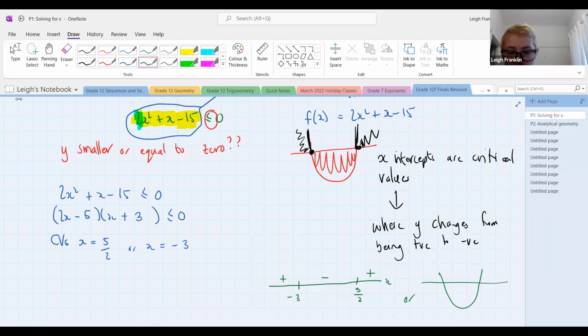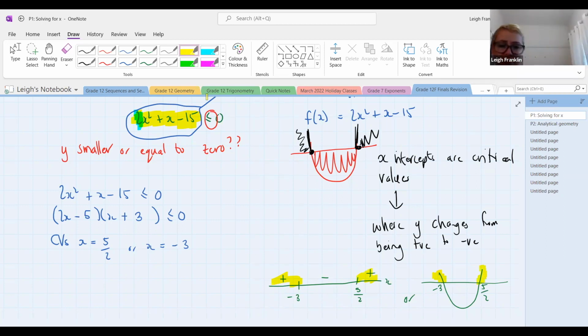Or our alternative is to draw what I had drawn up here. Okay, this is what I always do, is draw a parabola. I'm going to put my smaller number on the left, my larger number on the right. Now, the reason why we say that it's positive here on the left-hand side is because when x is a number that is smaller than negative 3, y is a positive number because it's above the x-axis. And same story on the right-hand side. When x is a number that's bigger than 5 over 2, your y values become positive.